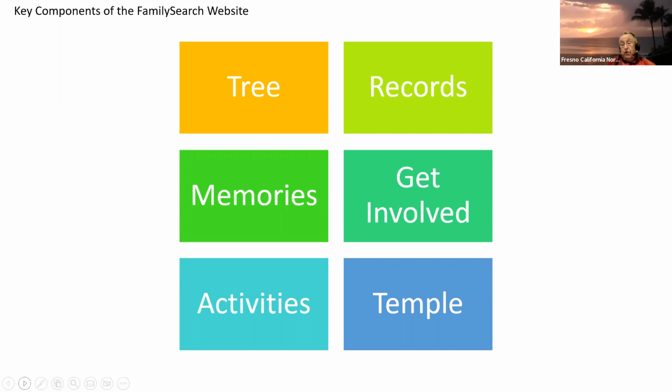And then, of course, for us, there's the temple section. So these are the main parts of the website. The person needs to be aware of them. They'll find that they're usually mainly the tree, hopefully records if they learn a little bit about research and the memories, at least those areas in preparation for using the temple section.